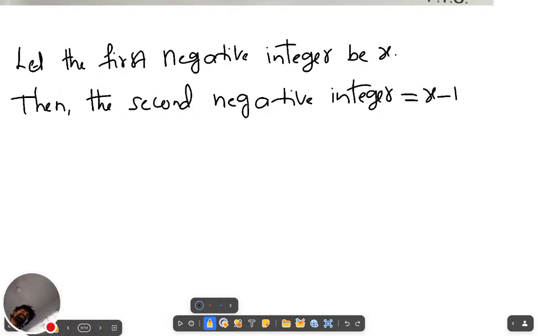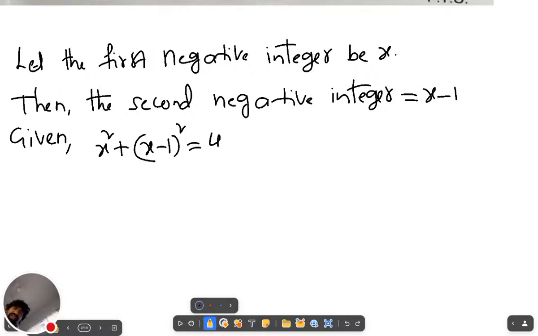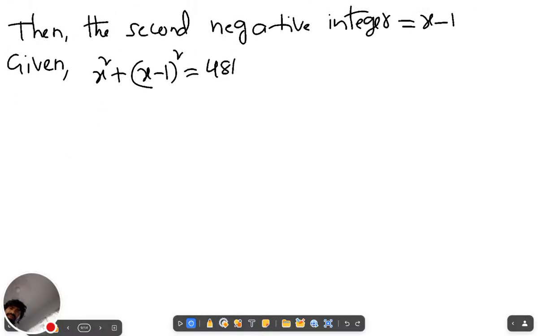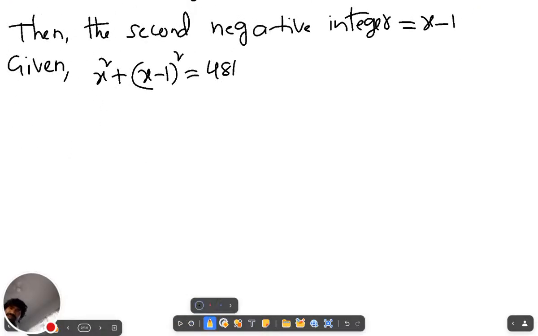Now it is given that the sum of the squares of these numbers is equal to 481. So the first number squared plus the second number squared is equal to 481. Now x squared plus (x minus 1) whole squared. Apply the (a minus b) whole square formula: a squared plus b squared minus 2ab.